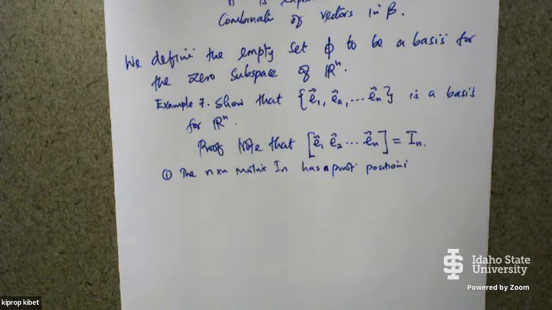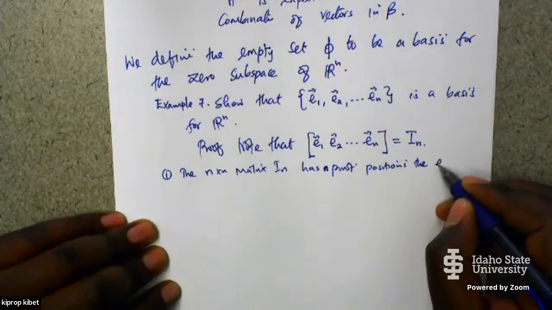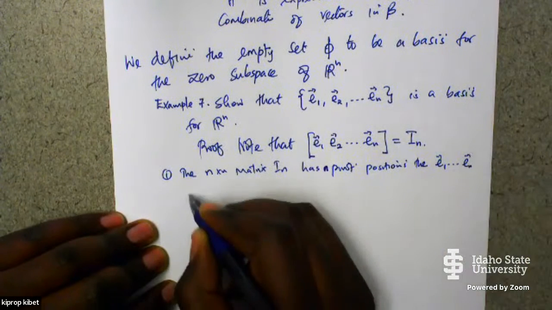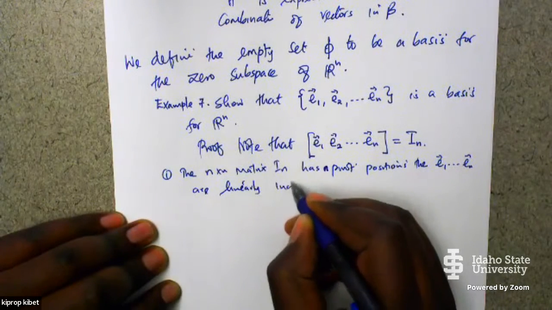So it has n pivot positions and it is n by n. Then the vectors E1 all the way to En are linearly independent.